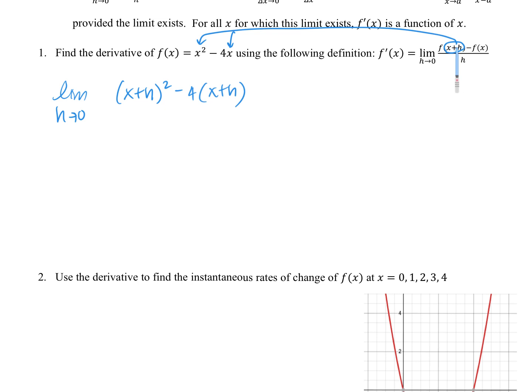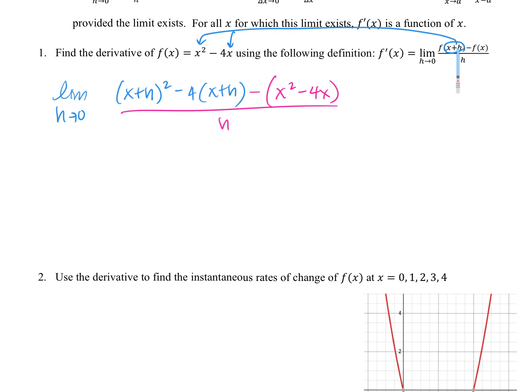This is just me plugging in an x plus h to that function. Then we got to do minus the function, f of x. Would I just write minus this or minus parentheses this? We got to do minus the whole thing, x squared minus 4x, all over h.